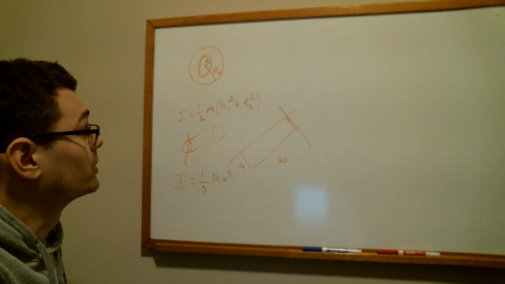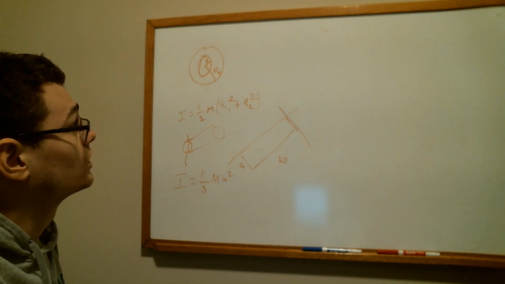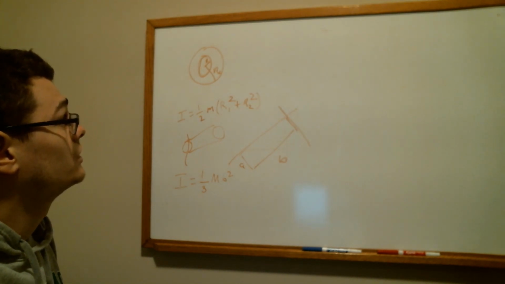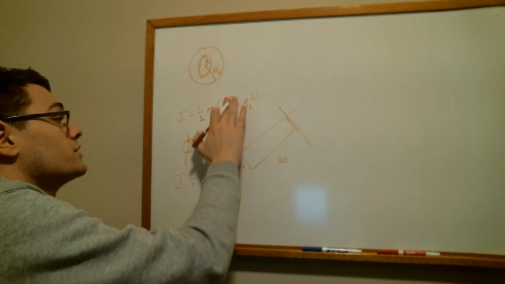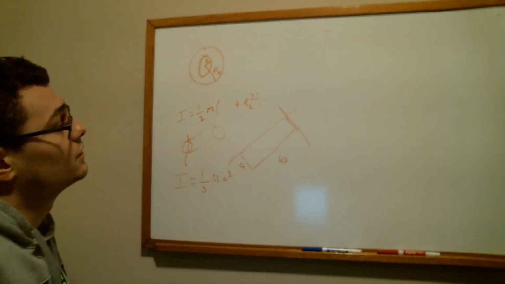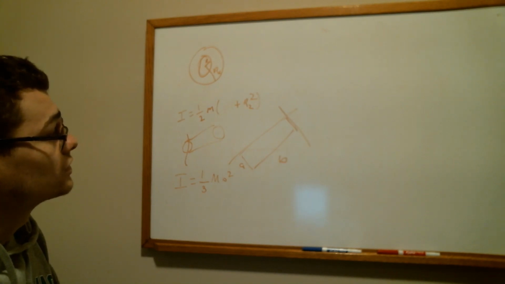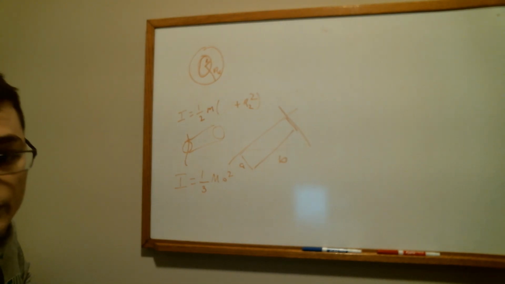Then we can say, all right, what if R1 goes to 0 and we have a solid cylinder? Then this term just disappears and you have 1/2 m R2 squared.